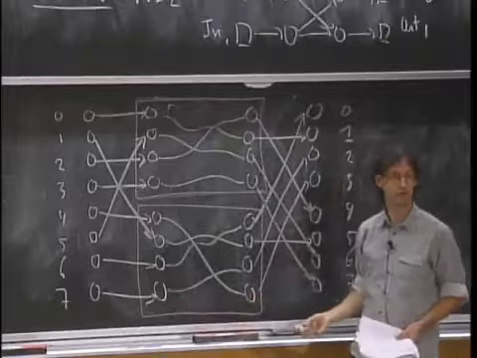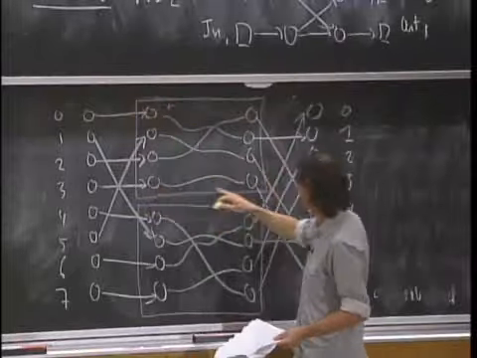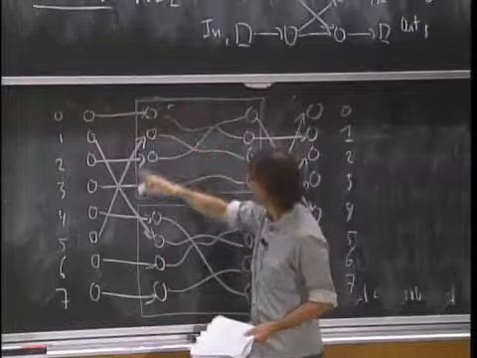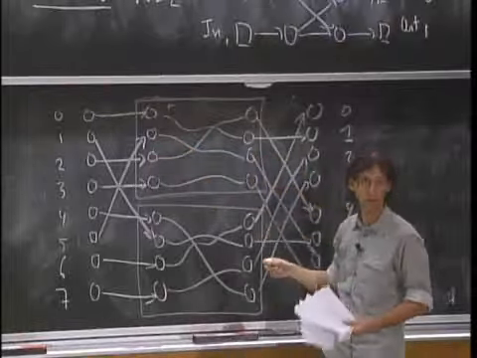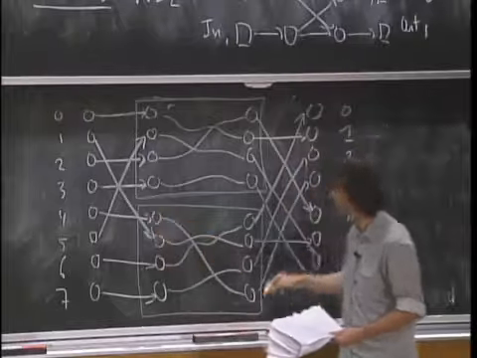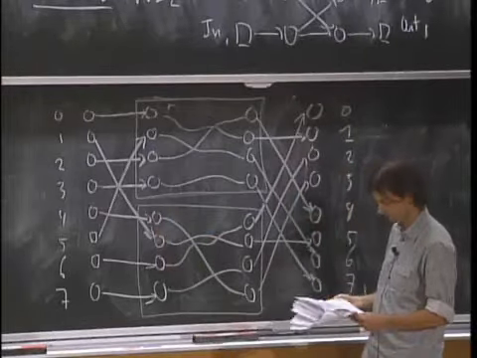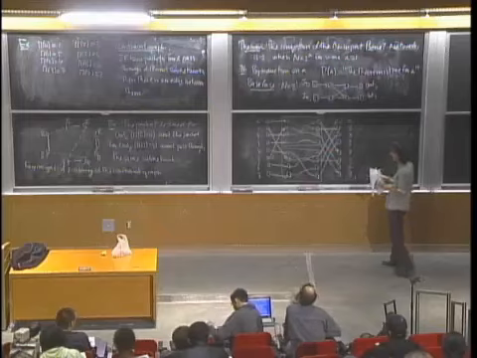Now we use our induction hypothesis, and we conclude that we can have a routing from packets from here to here, such that the congestion within the subnetworks is only 1. So within the blue as well as in the red. So this is the insight into how this works.